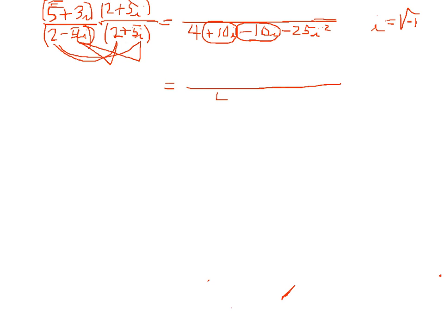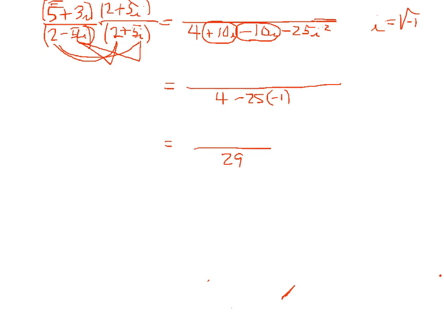So you get this 4 minus 25i squared. Now remember that i squared is minus 1. So this becomes 4 plus 25, or 29.